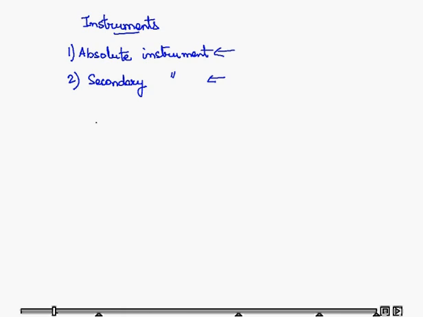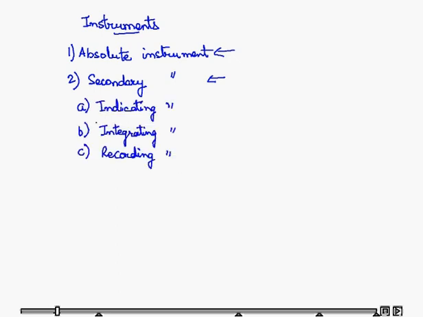There are various types of secondary instruments. For example, the first is indicating instrument, the second one is integrating instrument, the third one is recording instrument. Indicating instruments are those which indicate the magnitude of any electrical quantity.